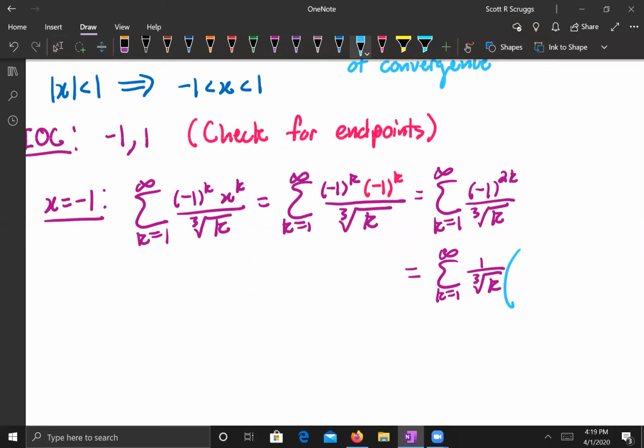Based on all the series tests that we've done, for the series 1 over cube root of k, I agree it's a p-test. And what's my p in this case? Yep, 1/3, less than 1, which means I have divergence.